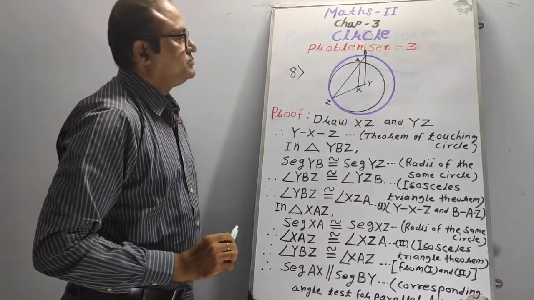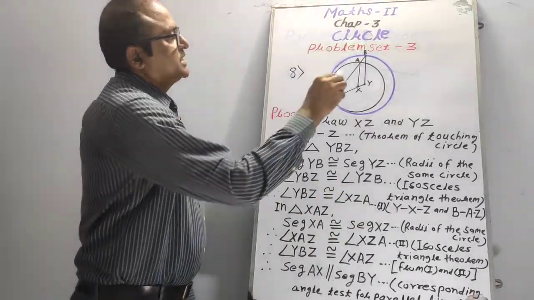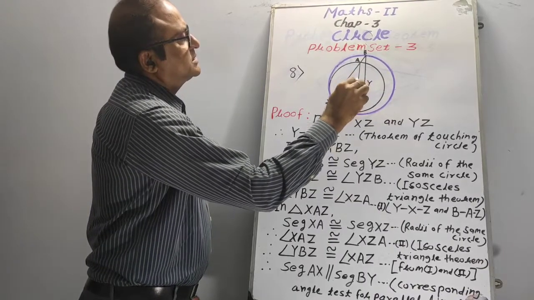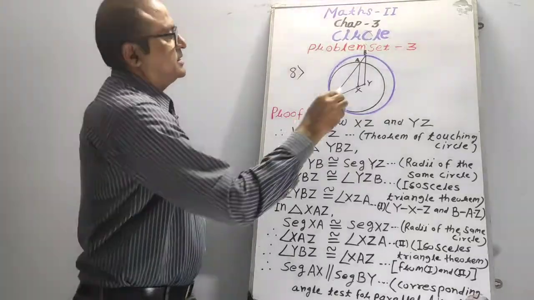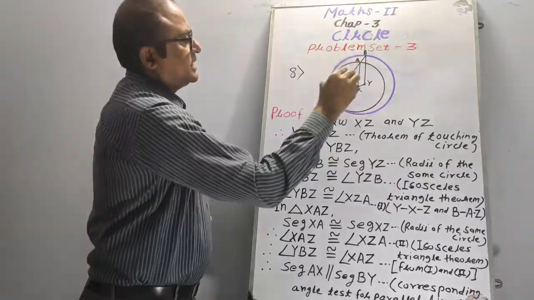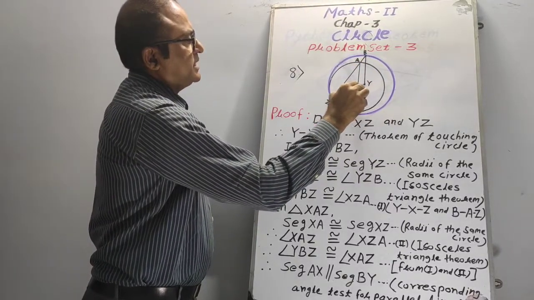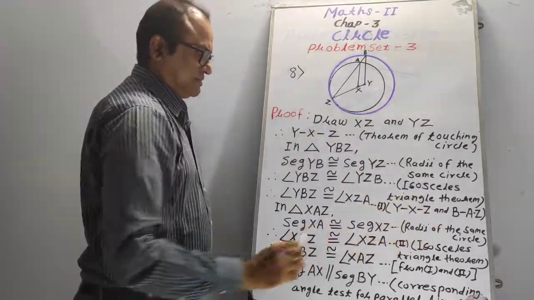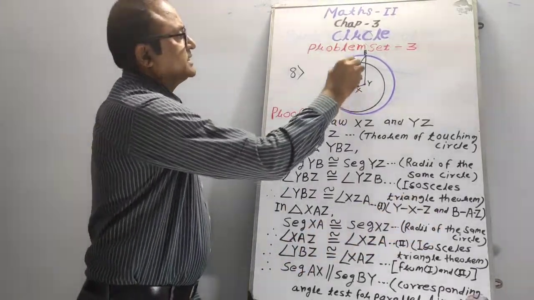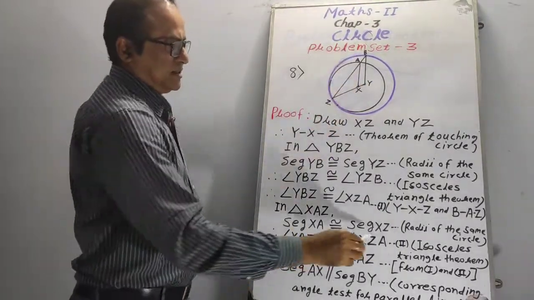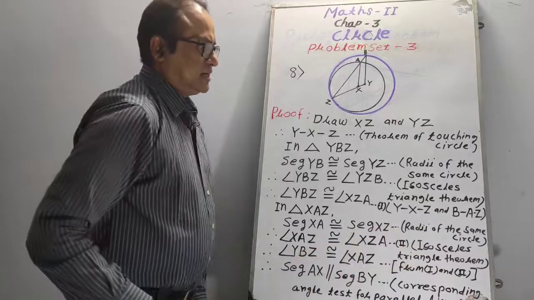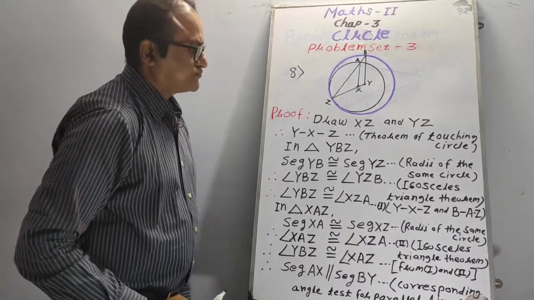Next, in triangle XAZ, seg XA is congruent to seg XZ, radii of the same circle. Therefore, angle XAZ is congruent to angle XZA by the isosceles triangle theorem.